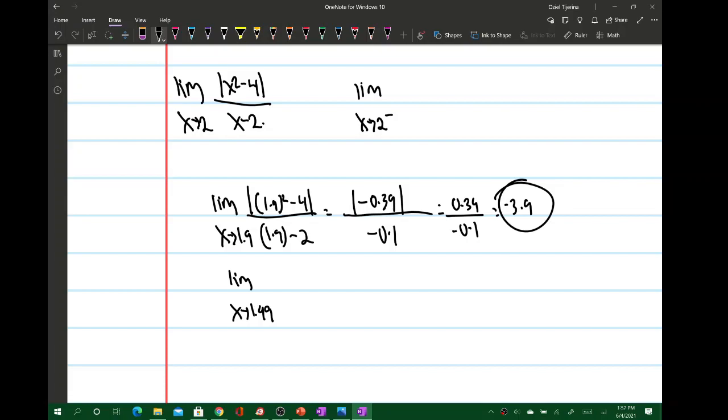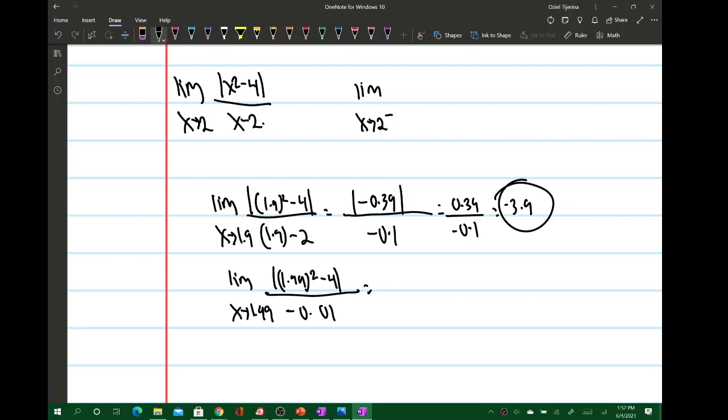so it would be the absolute value of 1.99 squared minus 4, over 1.99 minus 2, right? Which is negative 0.01.